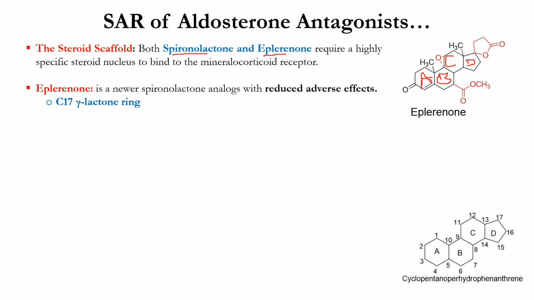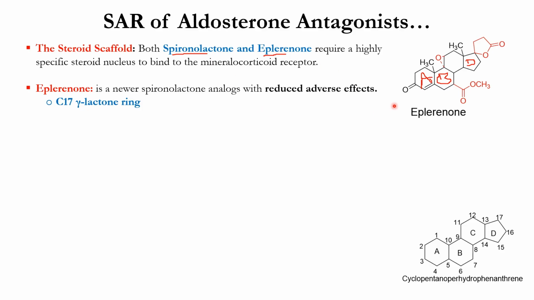carbon 7, here the carbon 7 does not contain sulfur. This is an acetyl group. They also have additional moieties at carbon 9 and 11. So that is a little bit newer for the case of eplerenone.